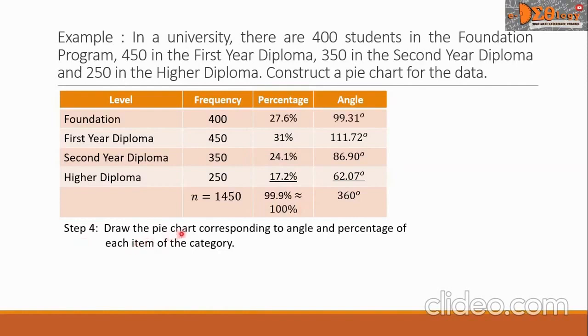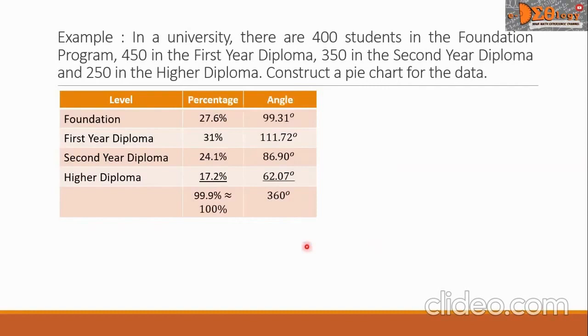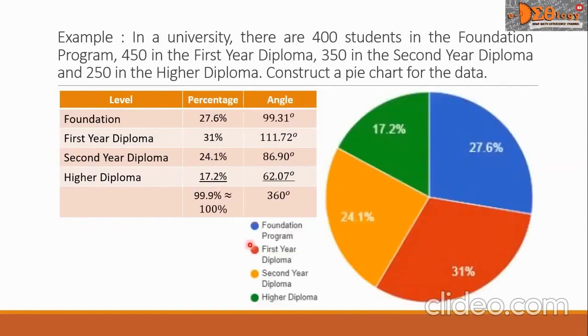Draw the pie chart corresponding to angle and percentage of each item of the category. So let us minimize our table because we're going to draw the pie chart. This is the finished product or the pie chart of this example.